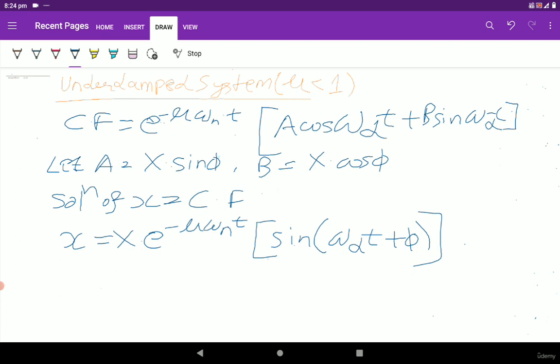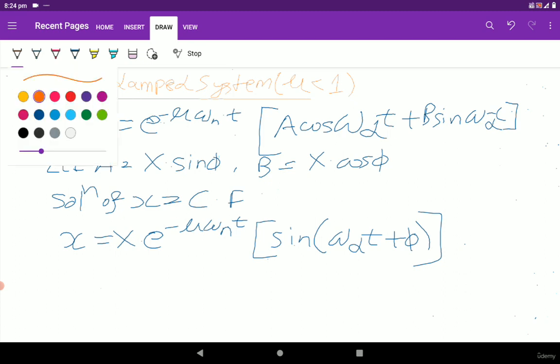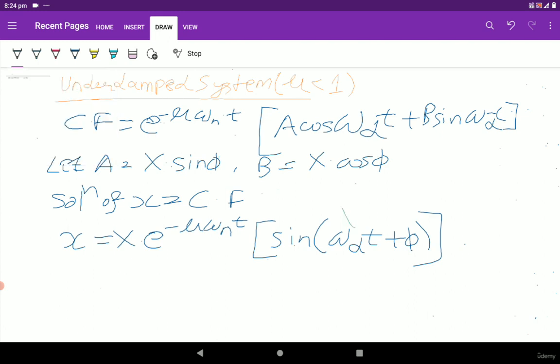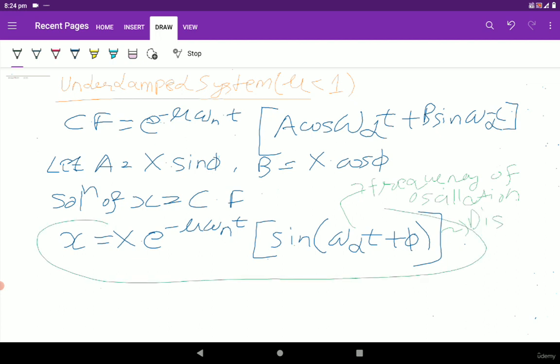So omega d t plus phi, this is the frequency of oscillation, and this whole thing is the displacement equation.